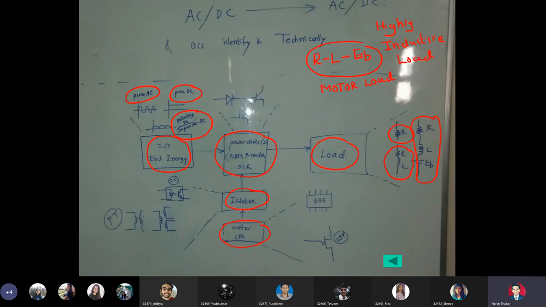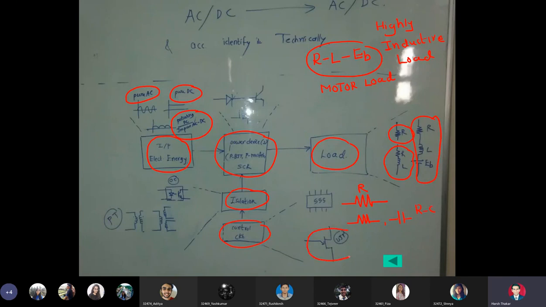As far as the control circuit is concerned, we can have many control circuits. We can have a single resistor firing the SCR, this is called R triggering. We can also have a combination of R and C, called RC triggering.